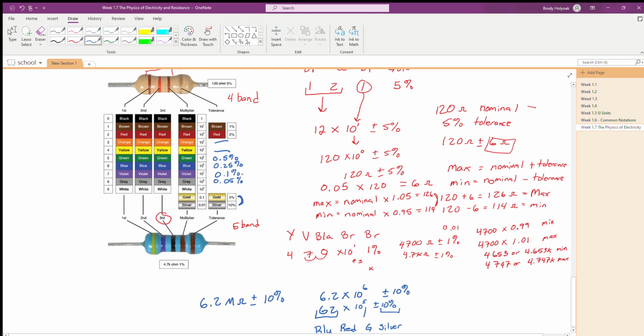So again, depending on your application, if you have to be super accurate with these values and you want a 120 ohm resistor to be 120 ohms when you pull it out of the drawer, you need to get one with a higher precision.